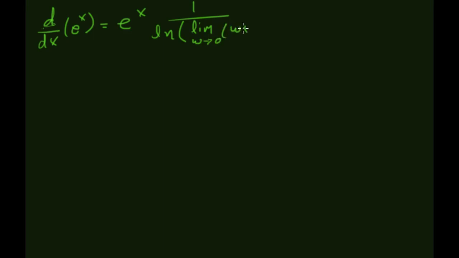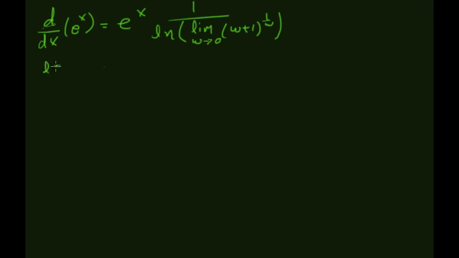At this point, the derivative with respect to x of e to the x is equal to e to the x times 1 over the natural log of the limit as w approaches 0 of (w plus 1) to the 1 over w. That's a lot of work to carry over, but we got it.